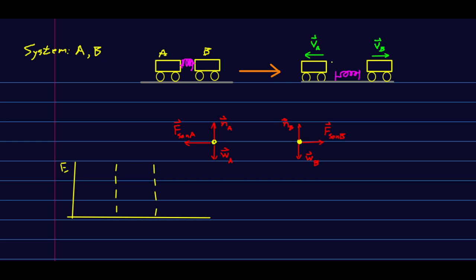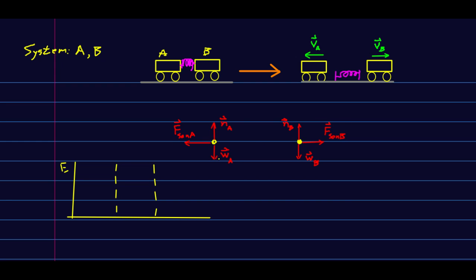So we release it. The spring pushes them both away. And because the spring force on either one just depends on the compression of the spring, at any instant the spring force that the spring is exerting on one cart is guaranteed to be equal to the spring force that it's exerting on the other cart. And we know there are no external forces other than those spring forces acting on the system.